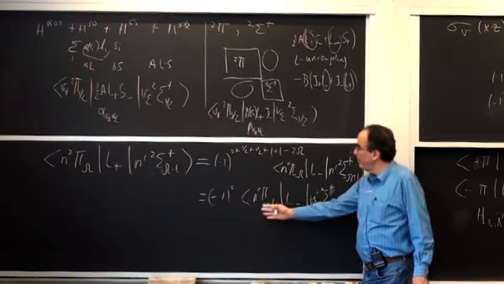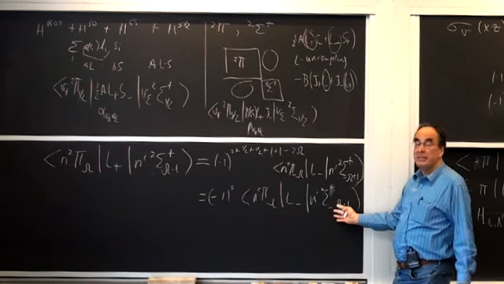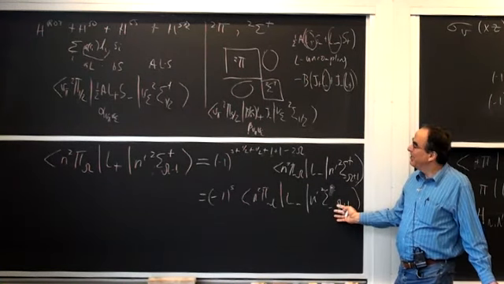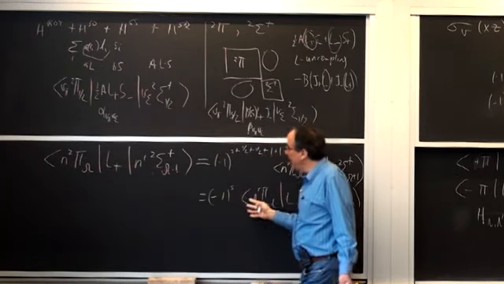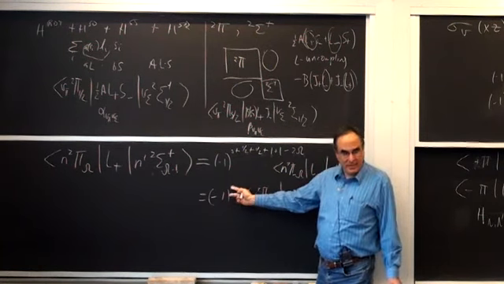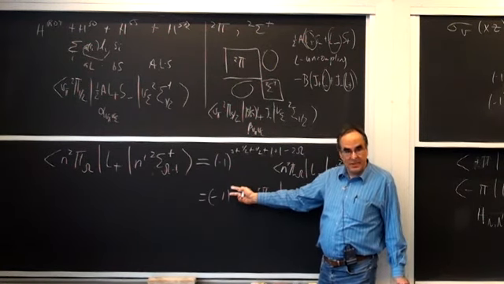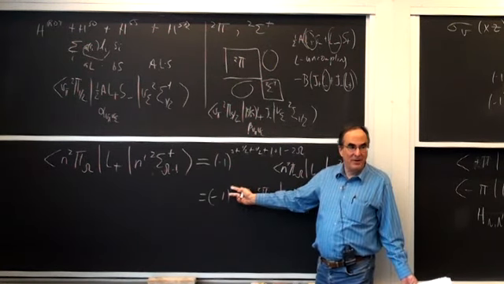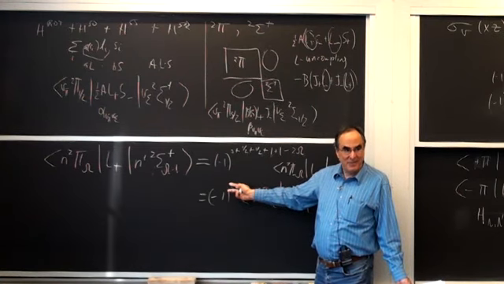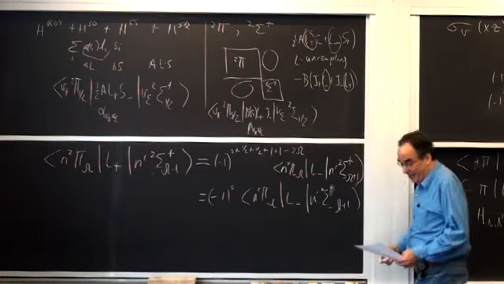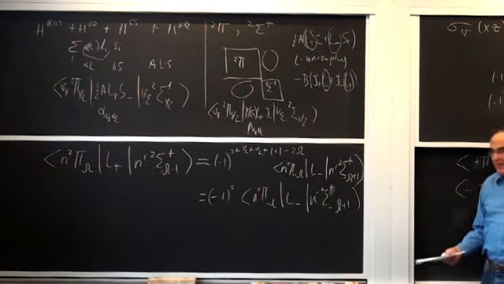So this symbol looks like a beta, and this looks like a beta, but they're related by minus 1 to the little s. For sigma plus states, they are equal, but for sigma minus states, they're related by a sign flip. And that turns out to be incredibly important.